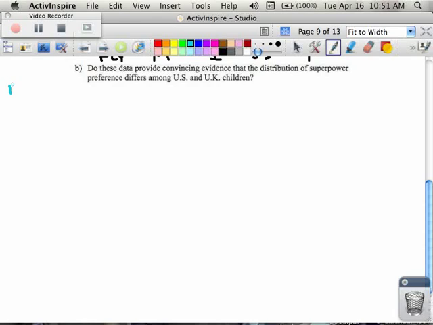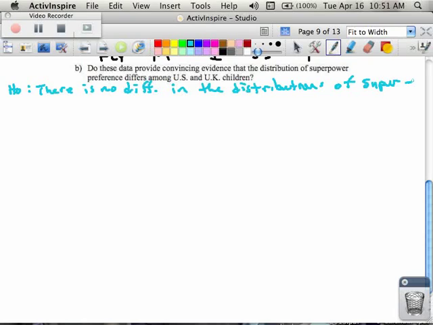So H0, there is no difference in the distribution of superpower preferences between the UK and US for 9 to 17-year-olds.